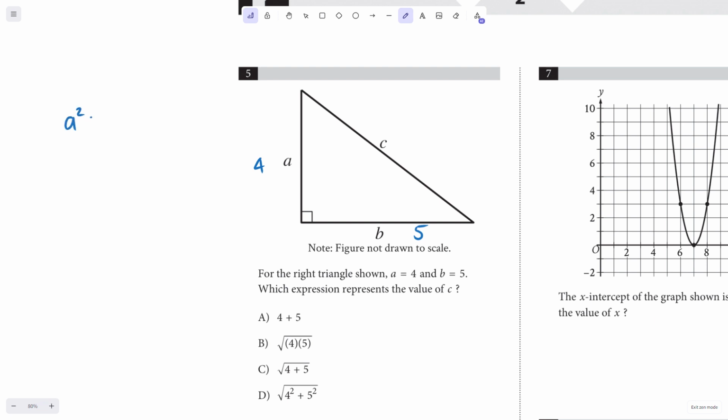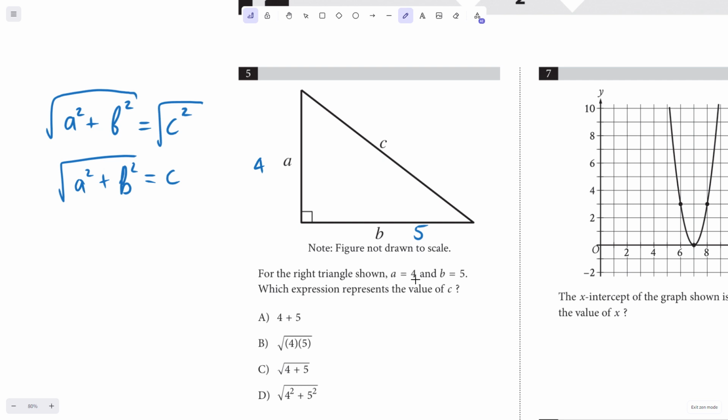It says that a squared plus b squared is equal to c squared. Now we can take the square root of both sides. If we do that, we get c equal to the square root of a squared plus b squared. Now we know the values of a and b, and if we plug them in right here, we get c equal to the square root of 4 squared plus 5 squared. That is option D.